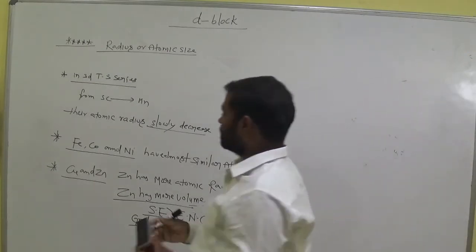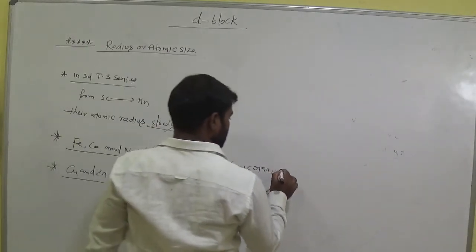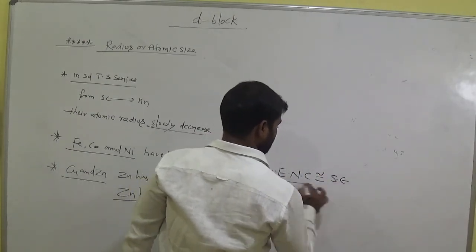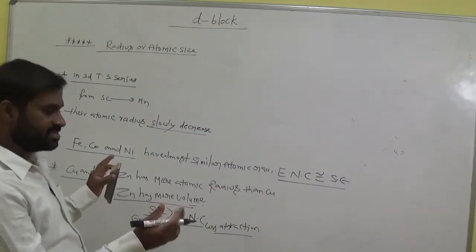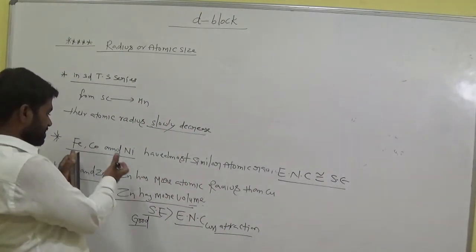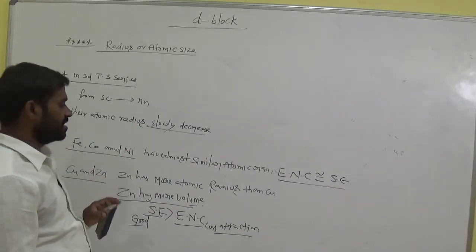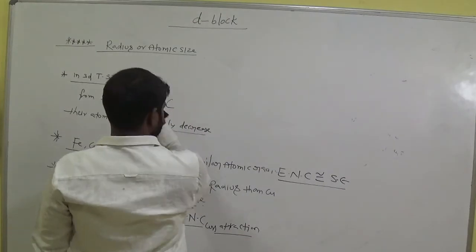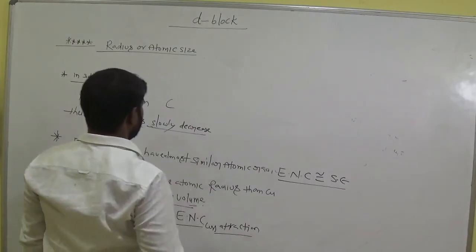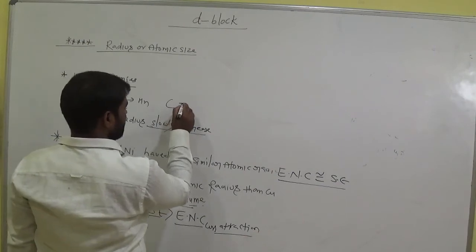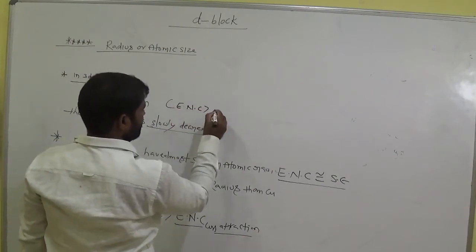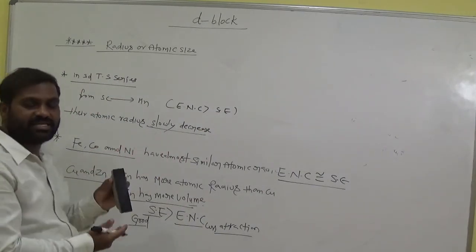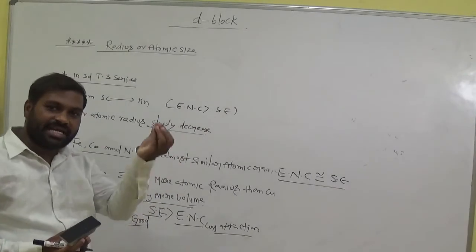So what about the case of these two? Effective nuclear charge is almost similar to screening effect. Both are in similar quantity, so there is no change in their radius. And in this case it gradually decreases. Gradually decreases means effective nuclear charge is higher than screening effect. So strong attractions are there, and atomic radius gradually decreases, not very much.